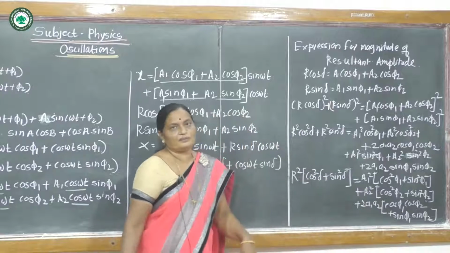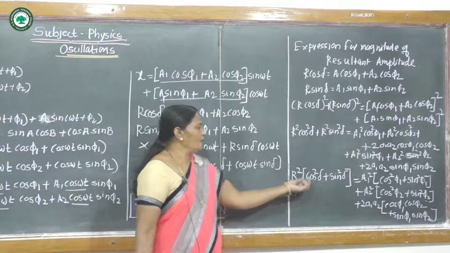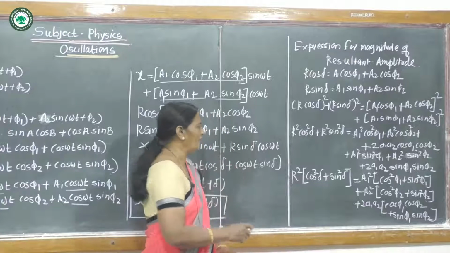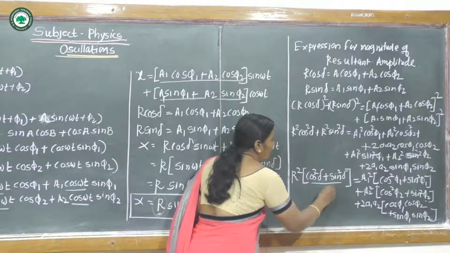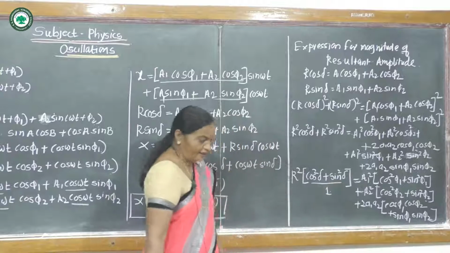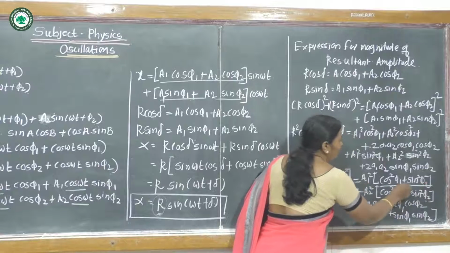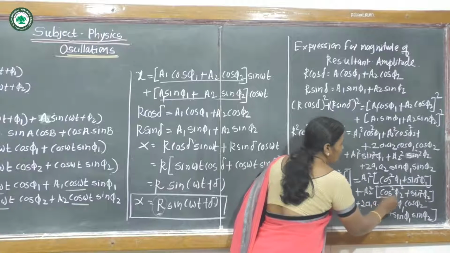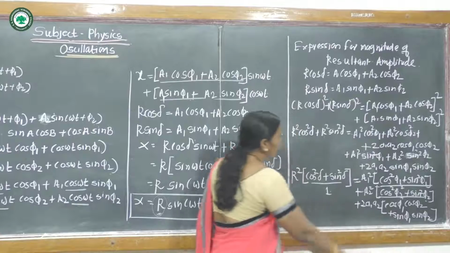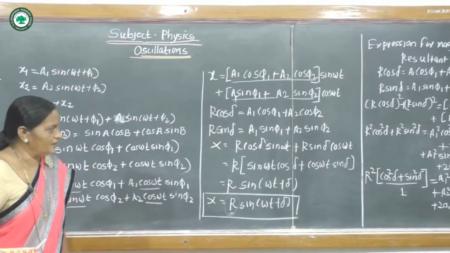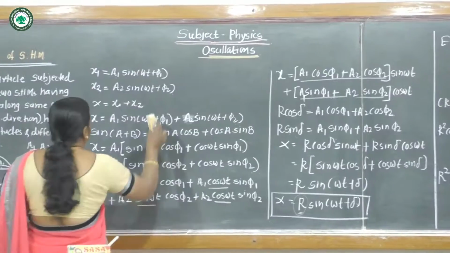Now from trigonometry, cos square delta plus sin square delta has value 1. Again the value of cos square phi 1 plus sin square phi 1 is 1, this is also 1, and the remaining terms are written here.